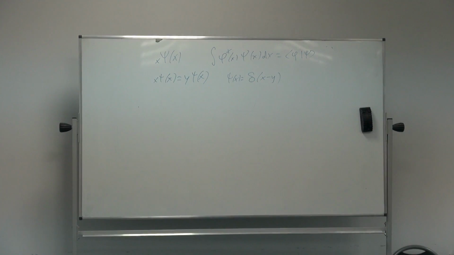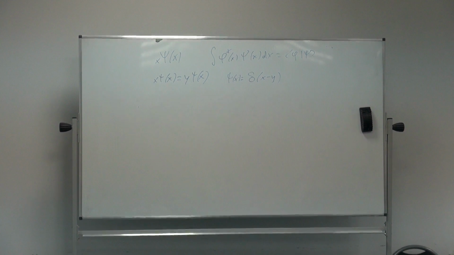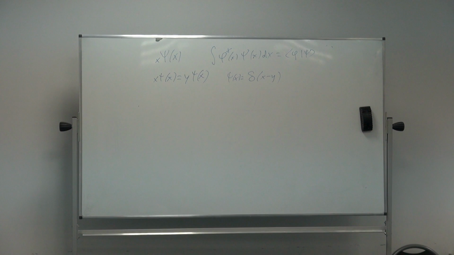In other words, it's an example of an unbounded operator with a fully, completely continuous spectrum. If so, then eigenvectors are not normalizable. Indeed, the square of delta cannot be integrated.